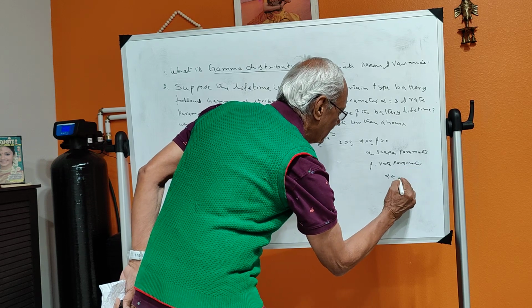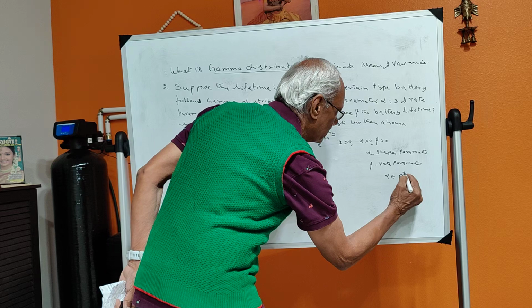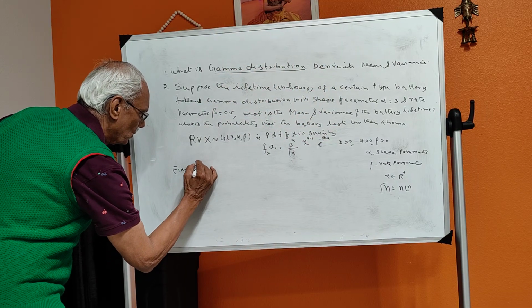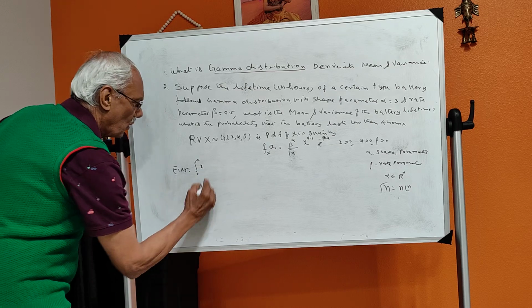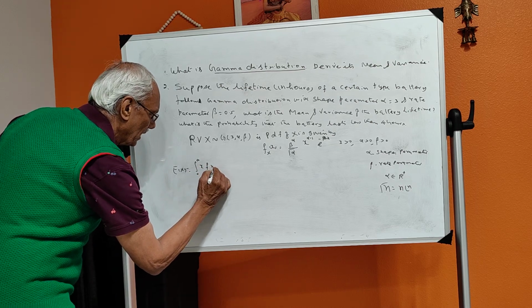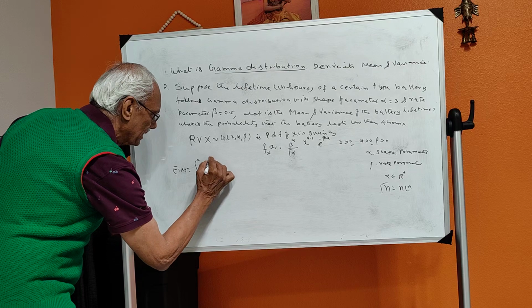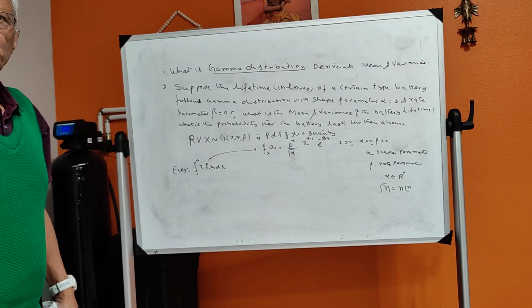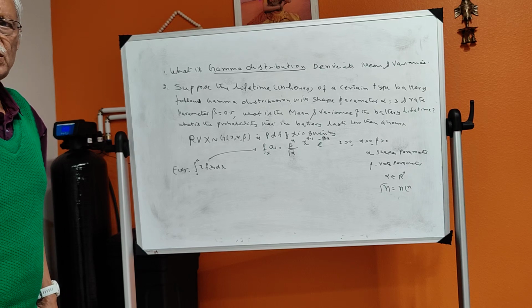Now the expectation, E of X, is equal to the integral from 0 to infinity of x times f of x dx. This f of x is nothing but the PDF of the gamma distribution.